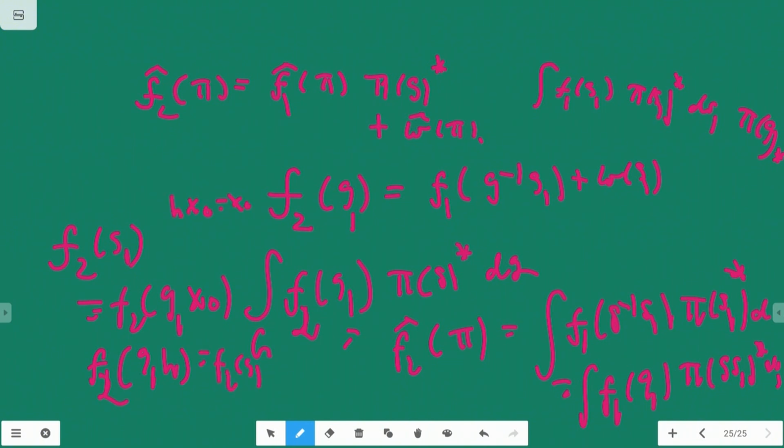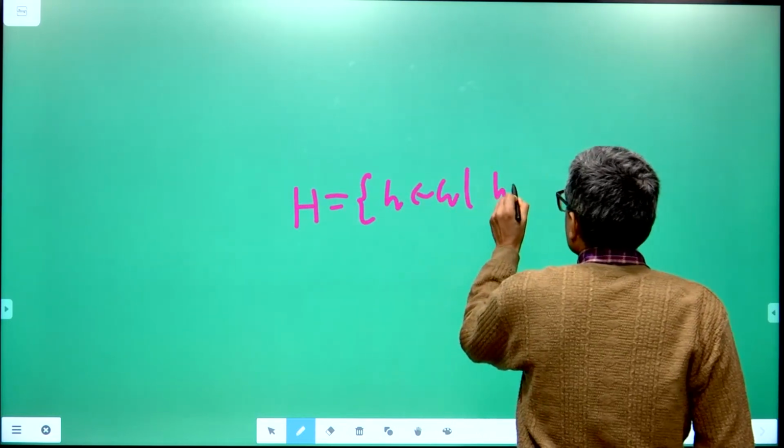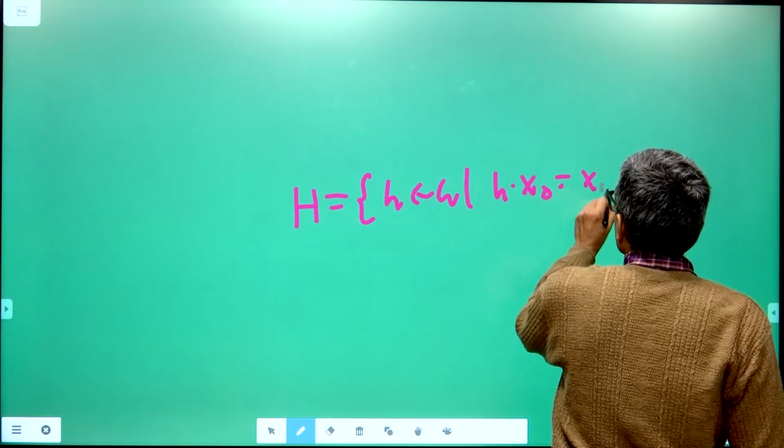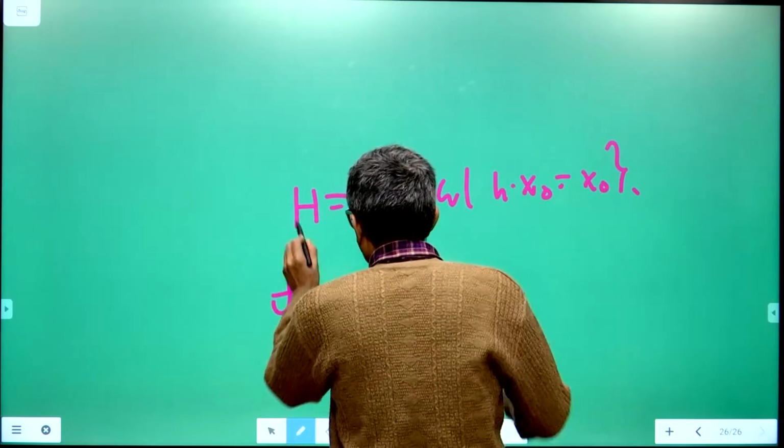That means if you look at the subgroup of all elements h in G which fix the point x0, that means h of x0 is equal to x0, this is a group of course.